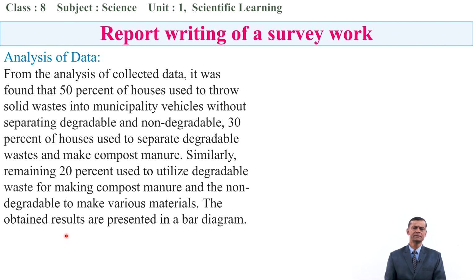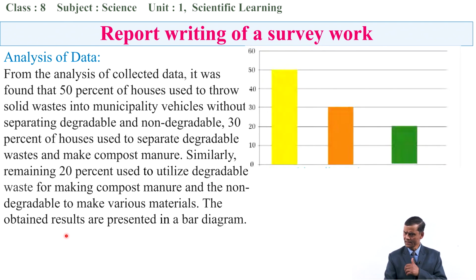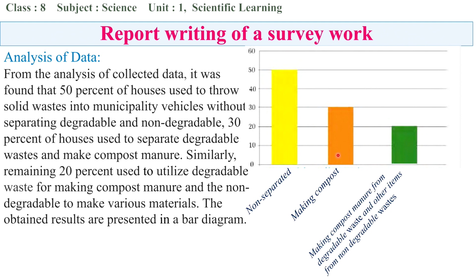The obtained results are presented in a bar diagram. Look at it. After that we can present a bar diagram also. So this bar diagram shows the result. This is non-separated, integrated. This is 50%. 50% people don't disintegrate the solid waste. They integrate biodegradable and non-biodegradable.